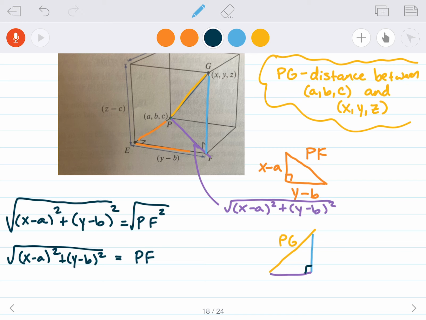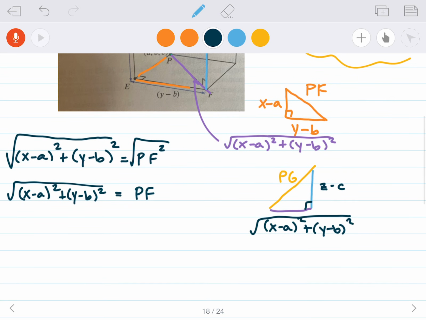We just found the base, that purple part. That was the square root of (x minus a) squared plus (y minus b) squared. Now, what's the blue component? Well, the blue component is the height of this cube, which we just mentioned was z minus c. That's the height of the cube. So now we can do the Pythagorean theorem.